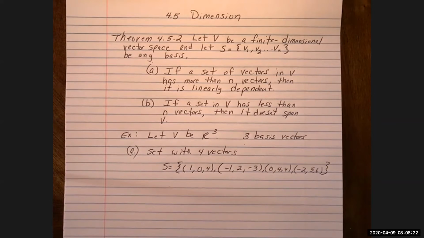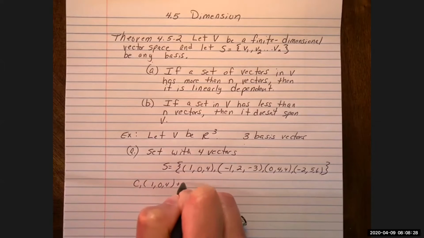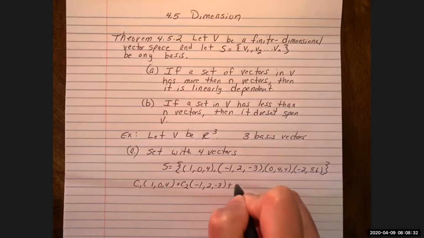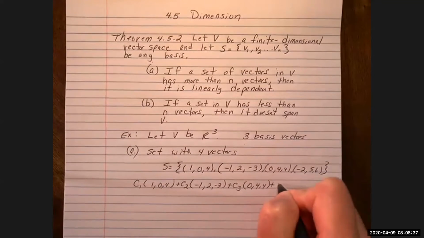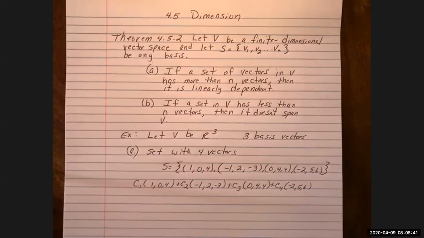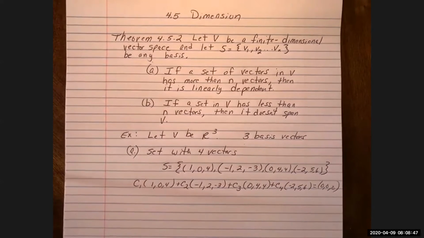And let's see why that happens. So I'm going to set up a linear combination of those. I'm going to take C1 times the first one, C2 times the second one, etc. And set it equal to 0.